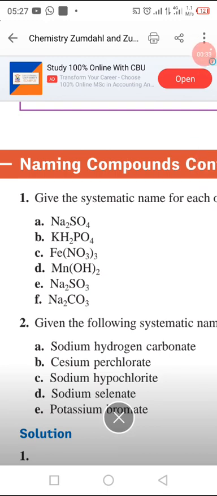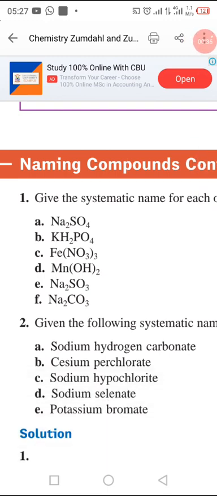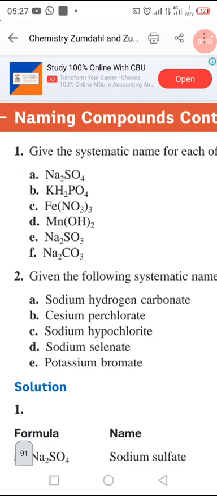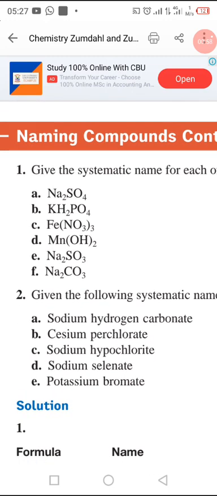So here we go with the naming of simple compounds and ternary compounds. In this case, I've given you examples, named A, B, C, that's number one, and also D. If you understand A, B, and C, then the rest you cannot fail to write. Now question number two.